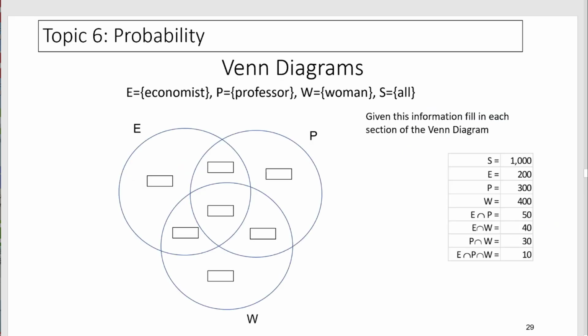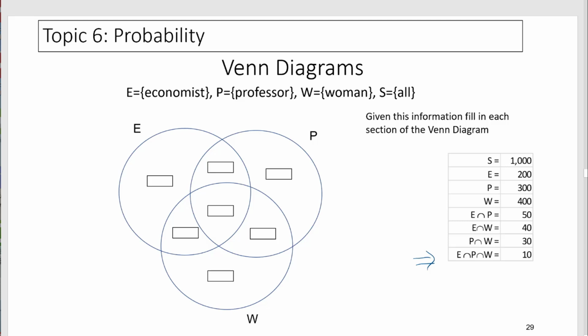And let's see how this is done. So it's kind of weird when we have a problem and we're trying to find probabilities. We start with the centermost, the one that is in the intersection. So in this example, we look for what's going on from the middle and work our way out. We know that there are 10 that are economists, professors, and women.